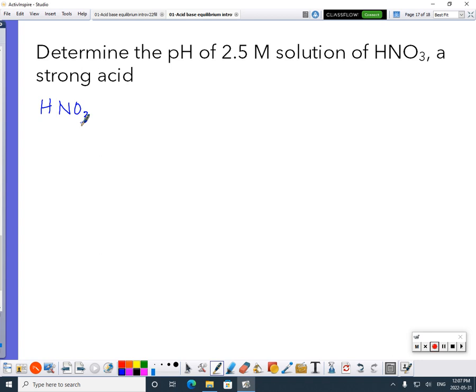So you can write it 2 ways. If you put the water in, this is an acid because it says acid. That means it's going to give away its H, and water has to be the acceptor.